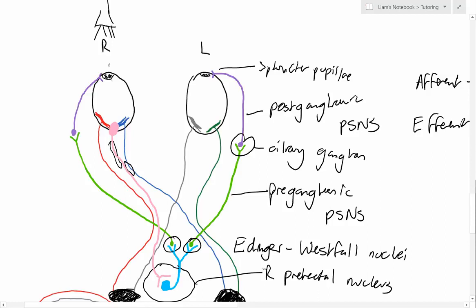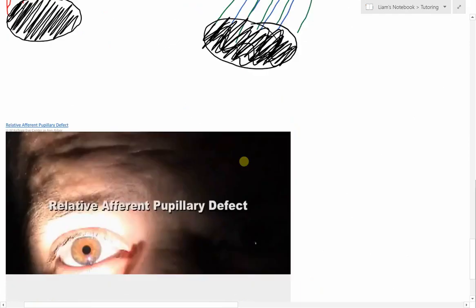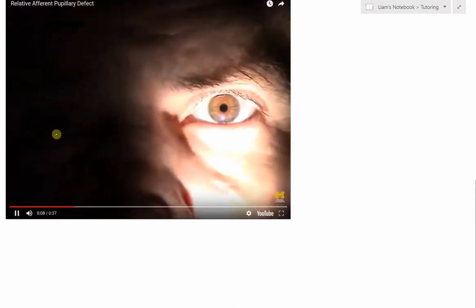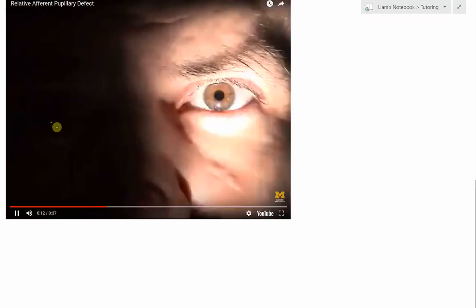What can be really cool though is this thing called a relative afferent pupillary defect. We detect that with a swinging torch test. And I've got a video of it here, so hopefully this will work. But basically what you see here, focus on this eye here. When the torch swings across, that pupil actually initially dilates rather than constricting.